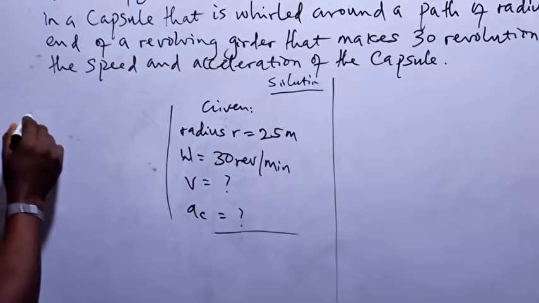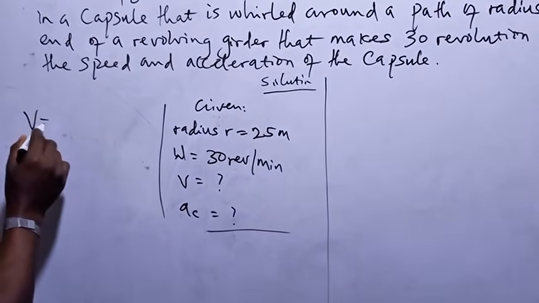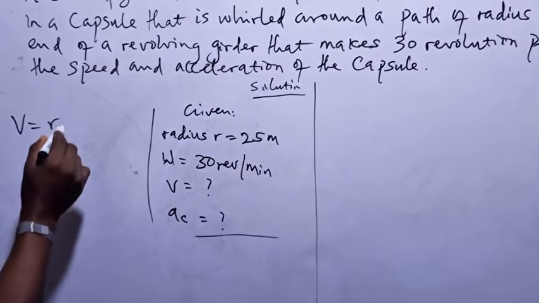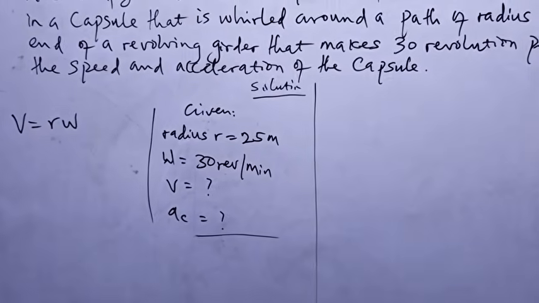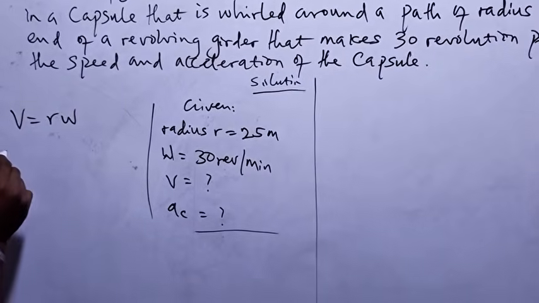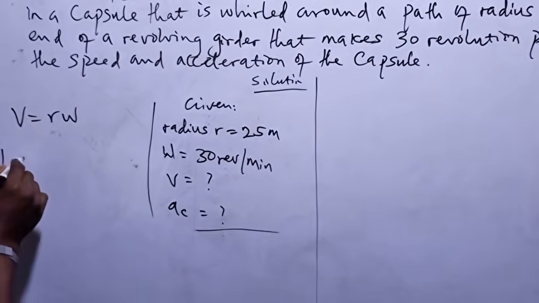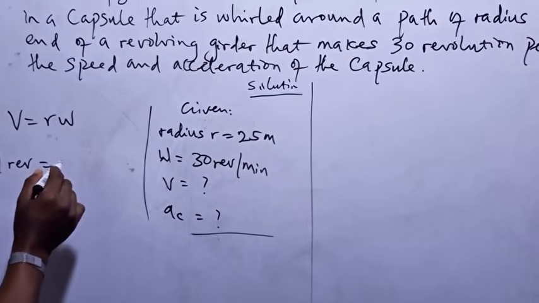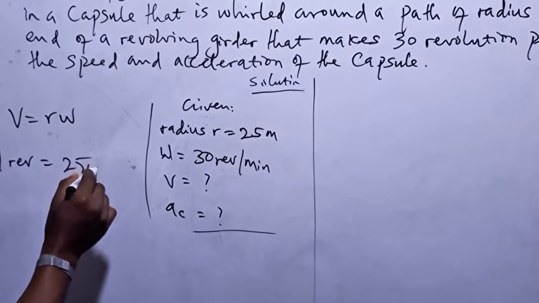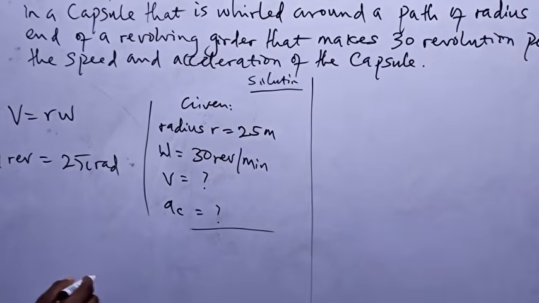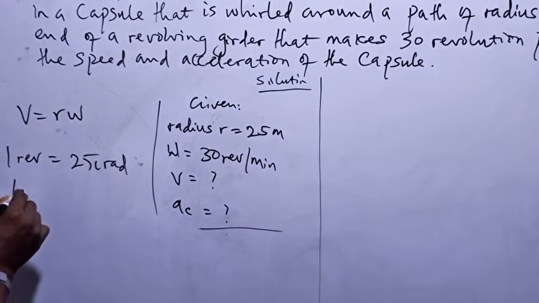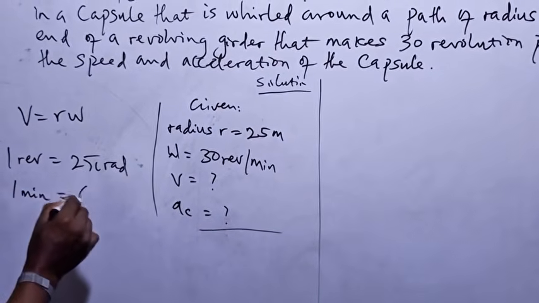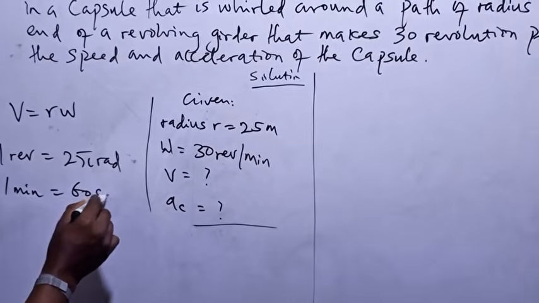We have that linear velocity is equal to radius multiplied by angular velocity, and 1 revolution is equal to 2 pi radians, and 1 minute is equal to 60 seconds.